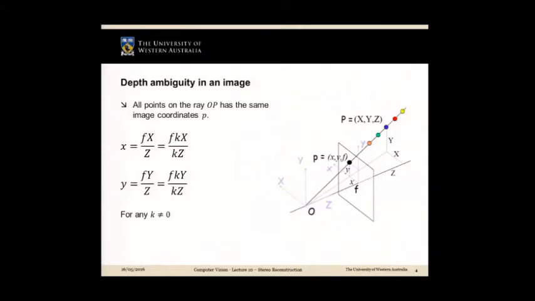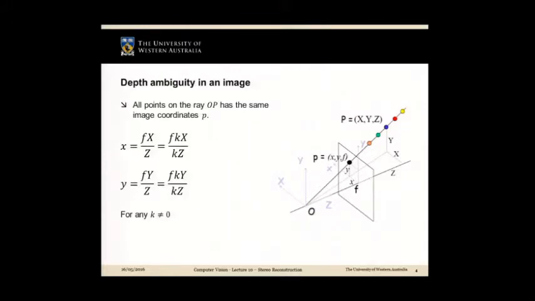So k is not changing the overall proportion between the coordinates. You're just multiplying by the same factor. K equal to 2 takes you to this point, and k equal to 3 gives you 3x, 3y, 3z. All three coordinate values are changed by the same factor.